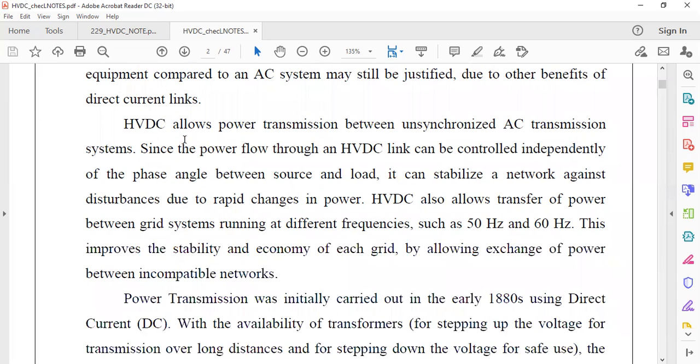Coming to the next point, HVDC allows power transmission between unsynchronized AC transmission systems. A simple point here: I discussed in the offline class that there is a project in Vizag.